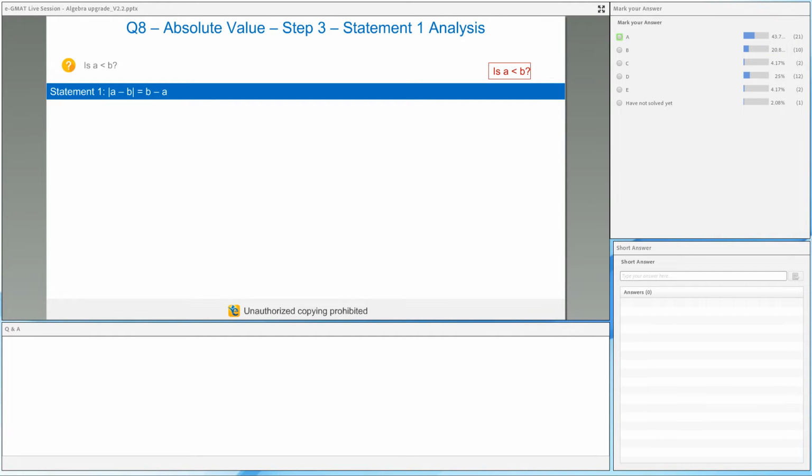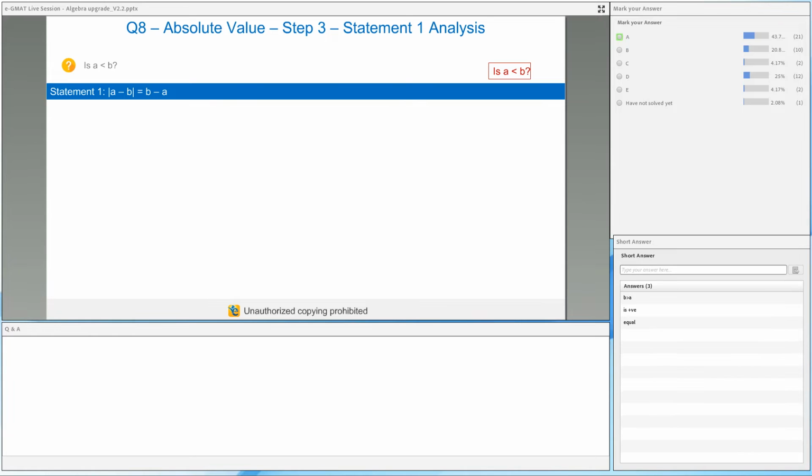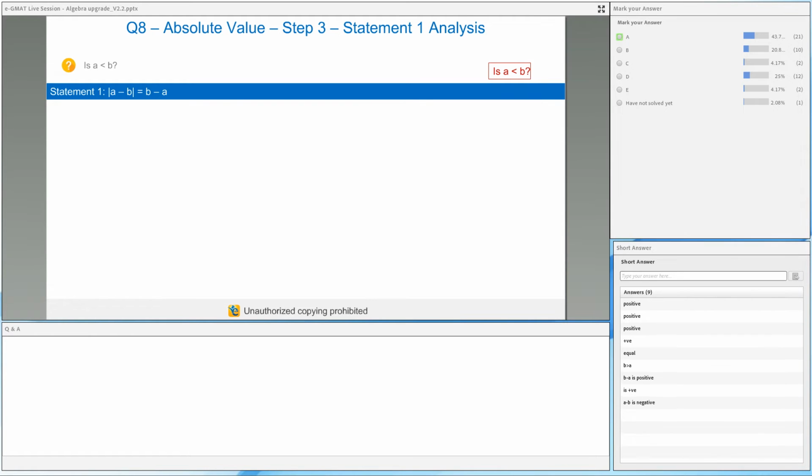Now when I'm given that mod of A minus B is equal to B minus A, what can I conclude about B minus A? Can you type in your response? Is positive, is positive. Okay.